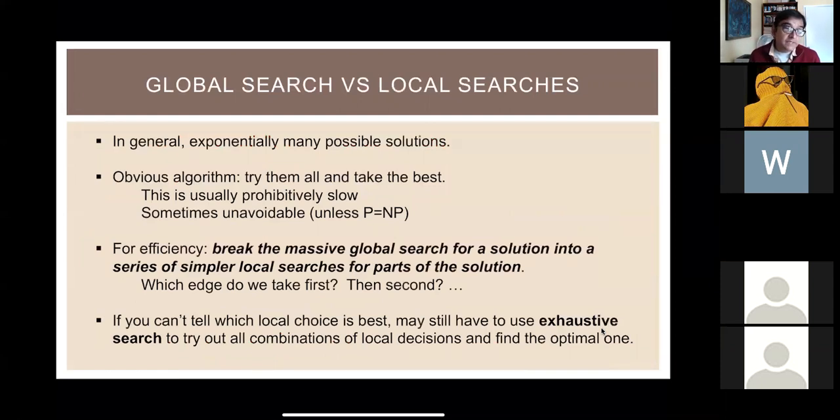But since there are exponentially many solutions, this is going to be very slow. That would involve solving the shortest path problem by enumerating every possible path from S to T, computing the length of the path, and then looking at the shortest path found in this way.